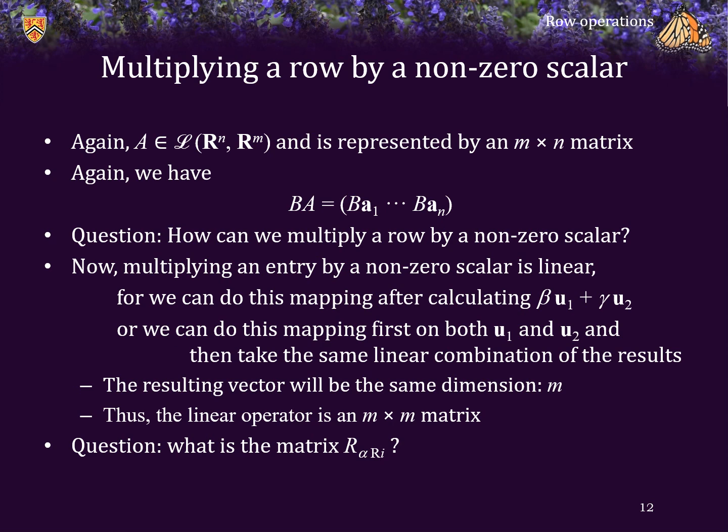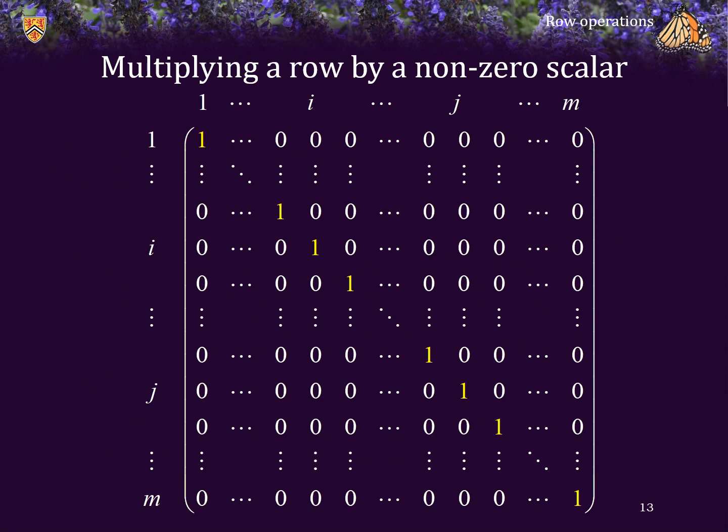Question: what is the matrix that multiplies the ith row by a non-zero scalar alpha? Well, once again, we have here the identity matrix.